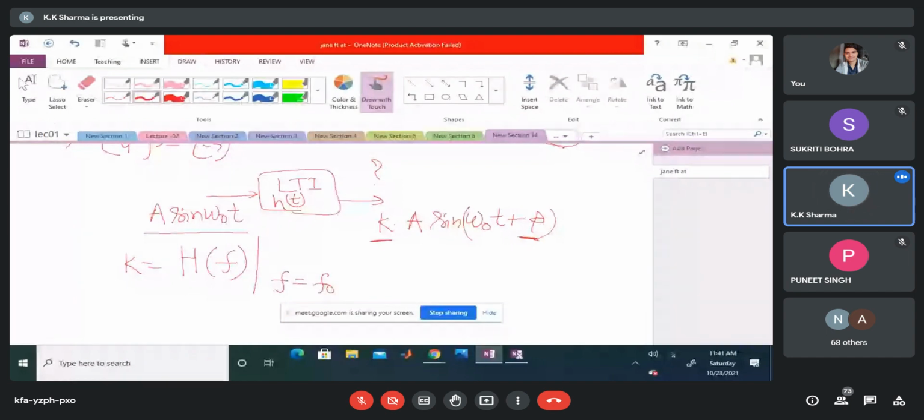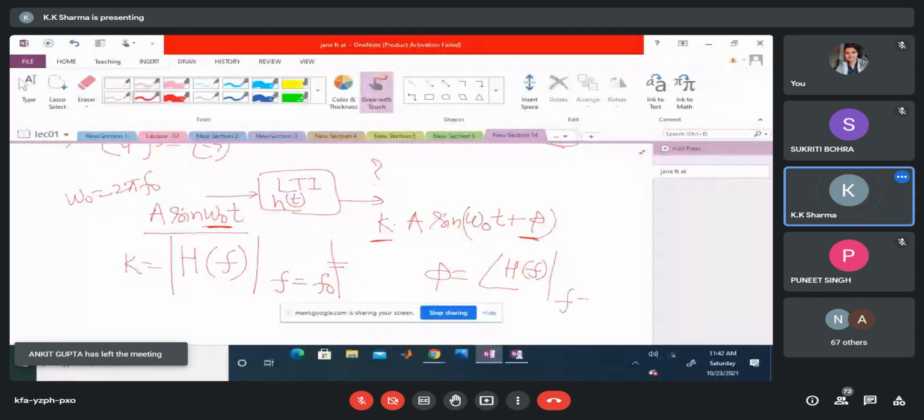This omega 0 can be written as 2 pi into f0. In general, this will be some complex quantity. So k will be the absolute value of this, and the phase is nothing but the phase of this h of f when f is equal to f0.